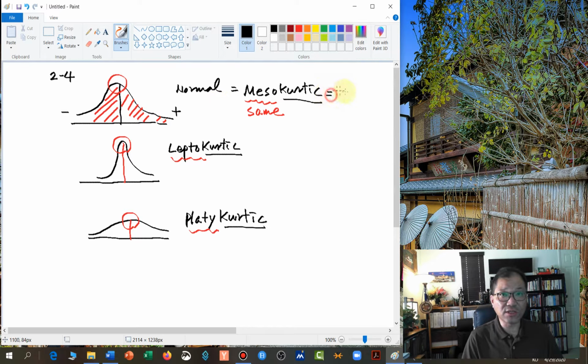They are all the same. So what is this distribution called? Normal distribution curve or mesokurtic or bell-shaped. They are all the same. However, the next distribution is known as leptokurtic. Lepto means slender or very sharp.